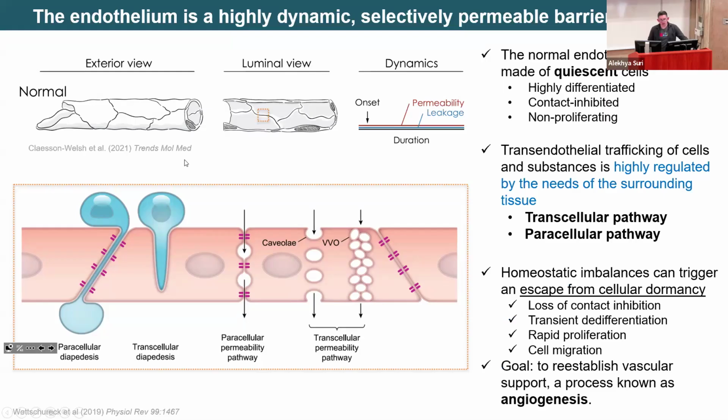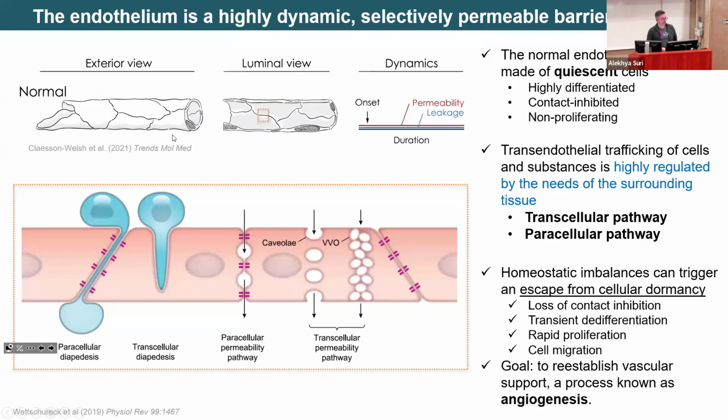Now, under certain circumstances, certain types of imbalances can trigger an escape from this sort of state of dormancy, right? So this quiescence is lost under certain circumstances. Things that cause a loss of contact inhibition.